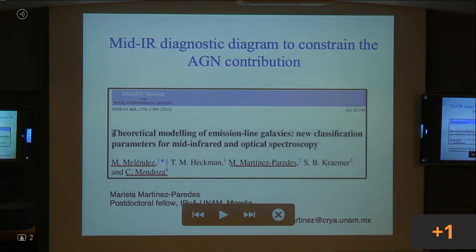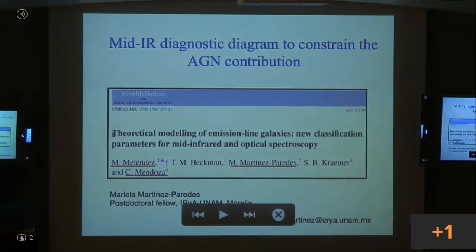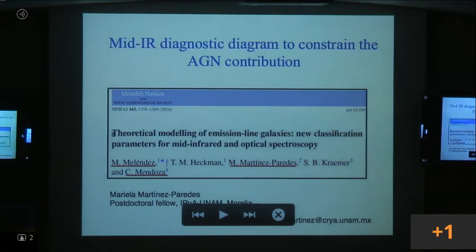In this talk, I'm going to show you the main results that we obtained from analyzing the most typical mid-infrared emission lines for starbursts and active galaxies. This work was led by Marcio Melendez, who was my advisor, together with Claudio Mendoza, when I was a master's student in Venezuela.